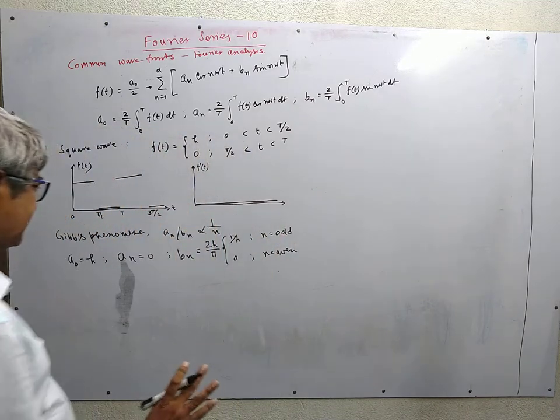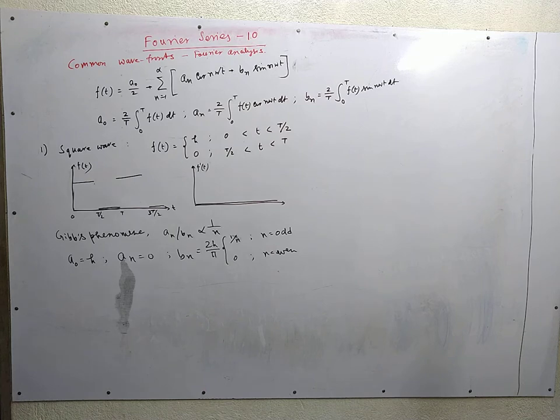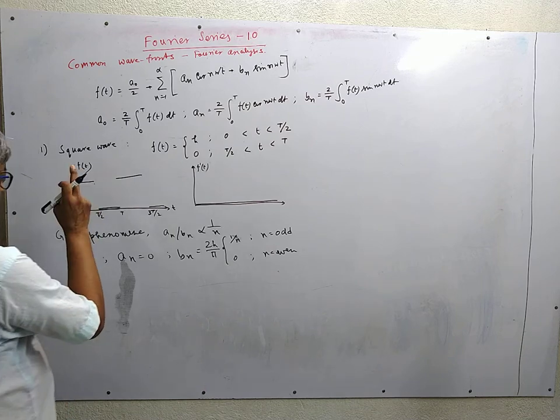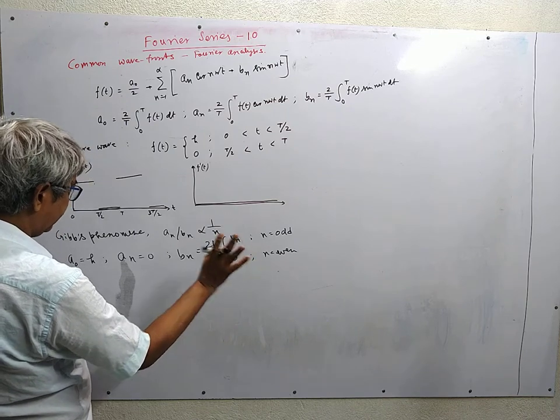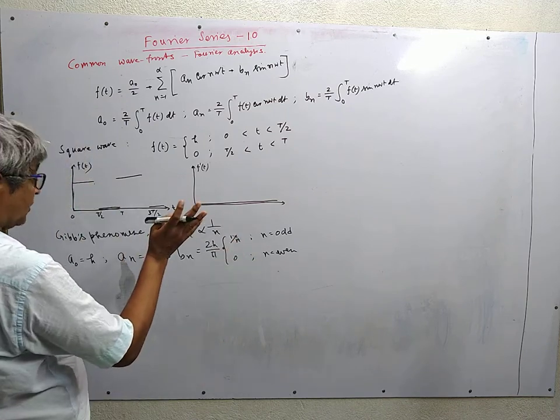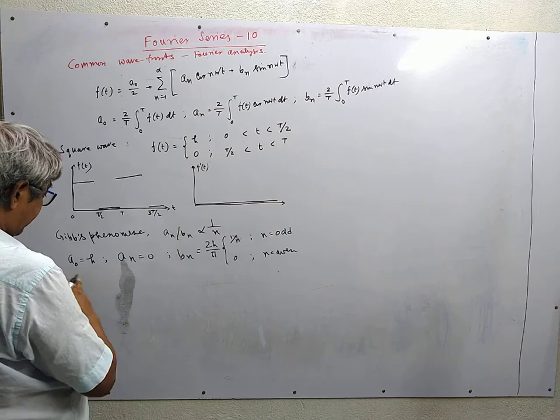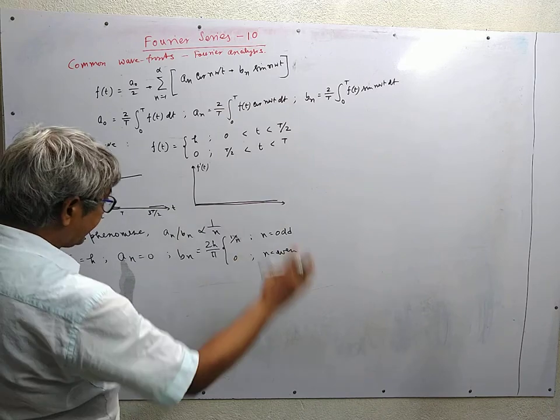So we can write the series. I am not going into this. The only thing is that as the function is discontinuous, 1 by n dependence is obtained in bn. And since the function does not have any definite parity, we have to calculate both an's and bn's.